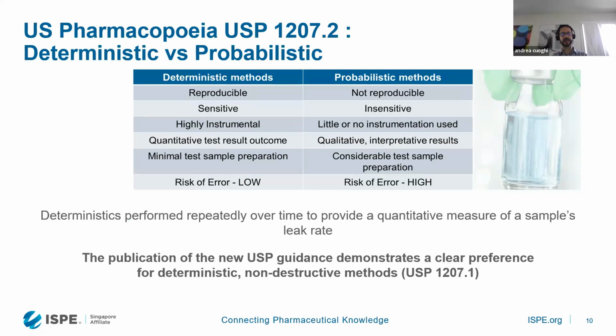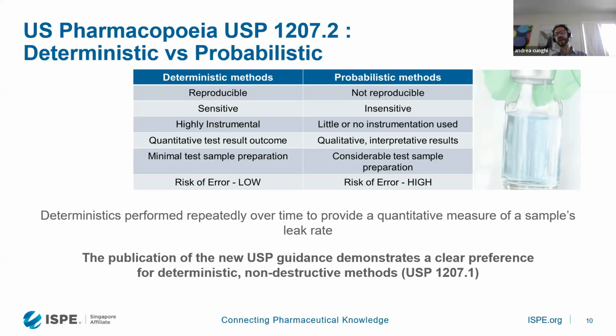As I said before, here another table with advantages and disadvantages. Deterministic methods are reproducible, are sensitive, highly depend on instruments and or physical laws. Quantitative test result outcome, minimal test sample preparation, and so the risk of error is very low.